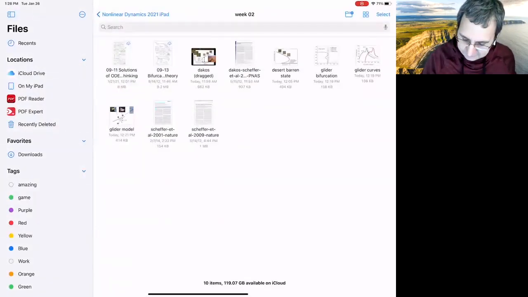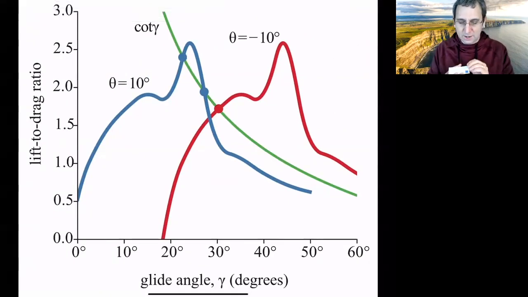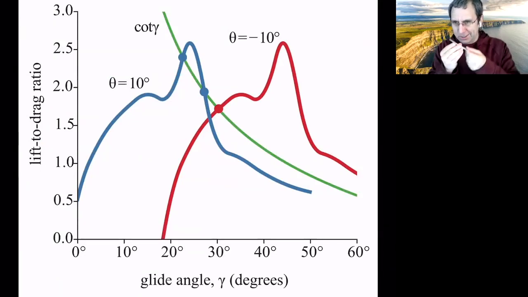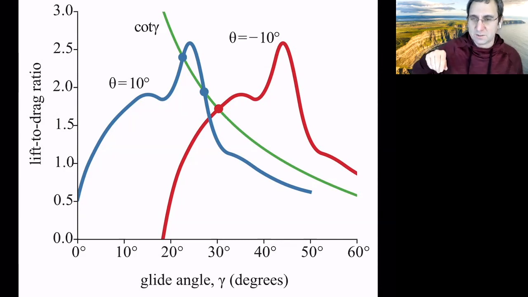And they have lift and drag curves that will depend on, you can kind of shift where the lift and drag curve is by changing the pitch angle of your object. And the equilibrium points occur where those lift and drag curves intersect this green curve.